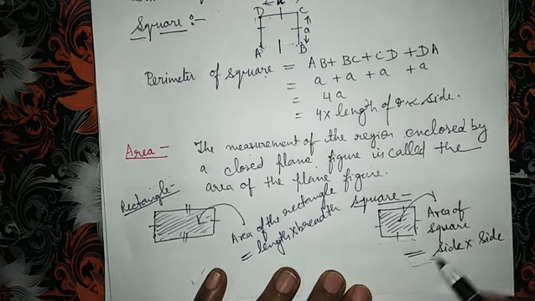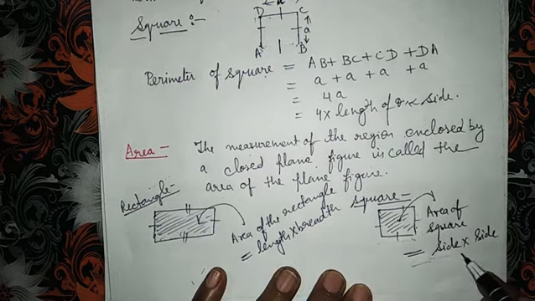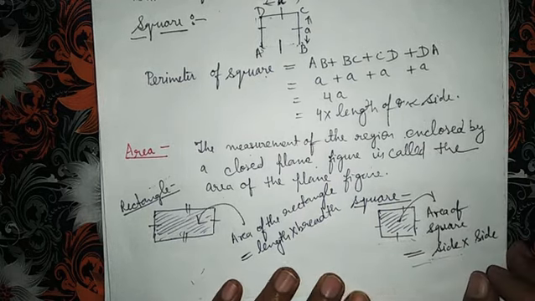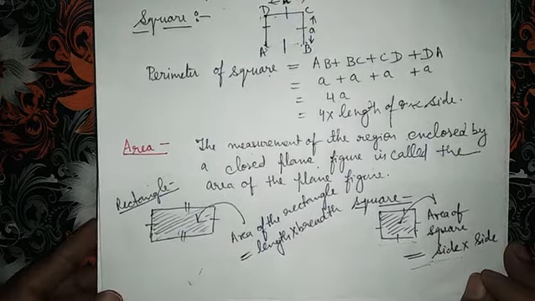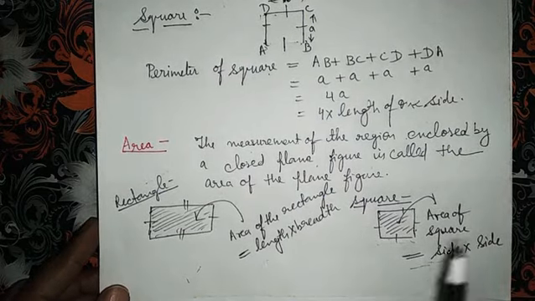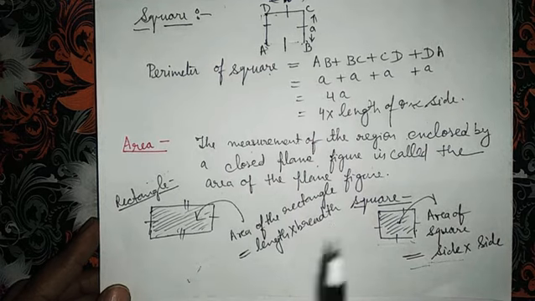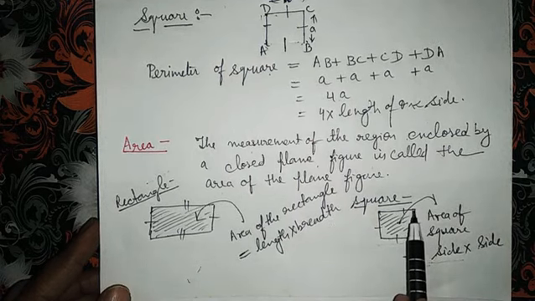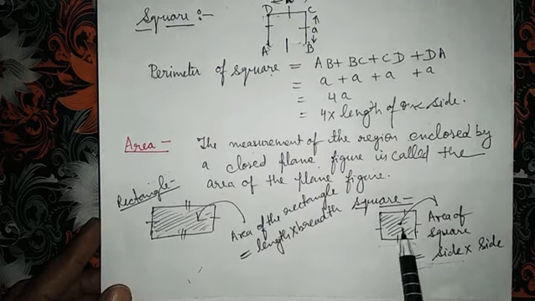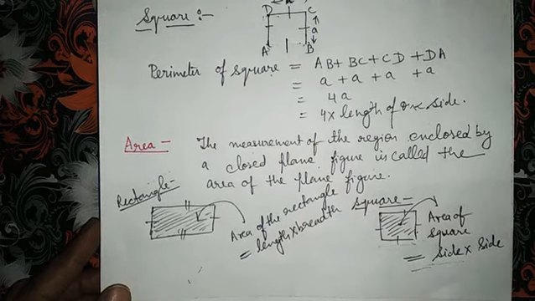So here instead of writing length into breadth, we write side into side. So what is area? The measurement of the region enclosed by a closed plane figure is called the area of the plane figure. This enclosed region is the area of the figure.